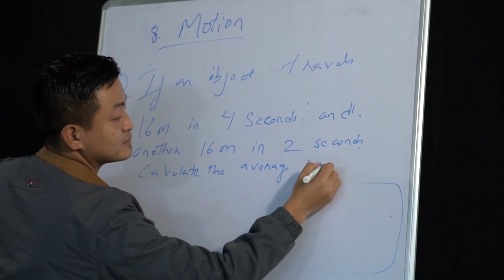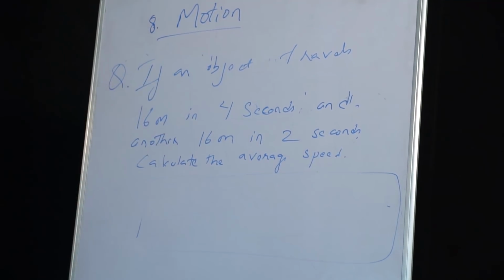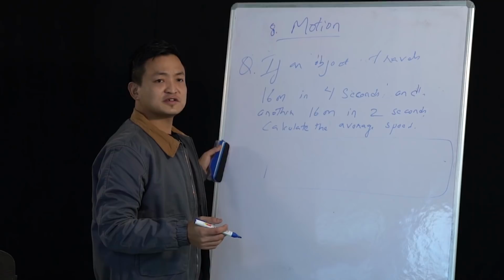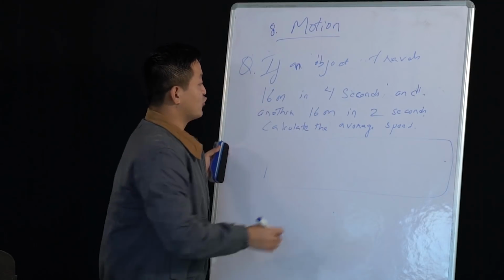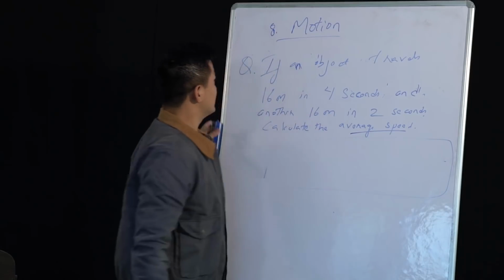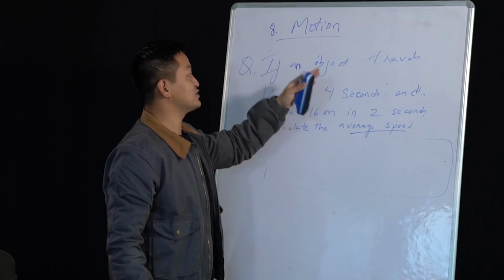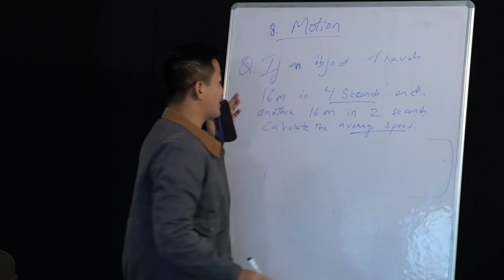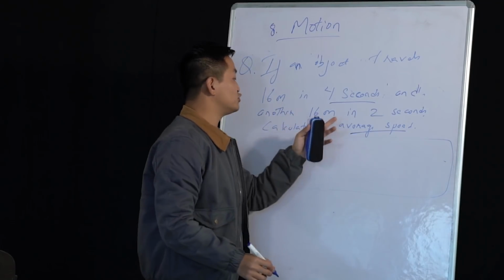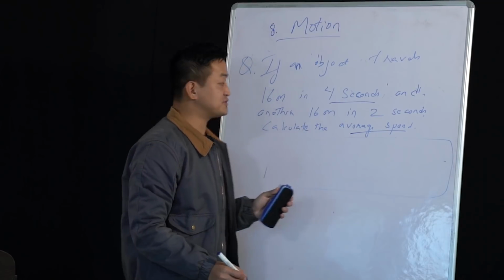So dear students, we will solve one numerical problem for average speed. The question here is, if an object travels 16 meter in 4 seconds and another 16 meter in 2 seconds, calculate the average speed.